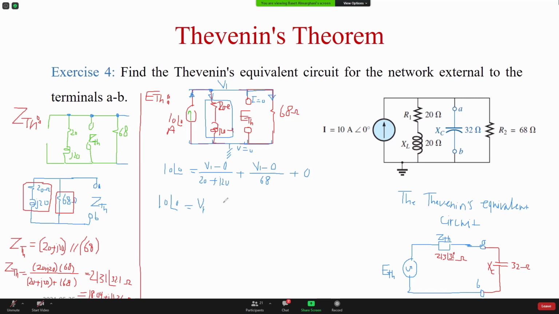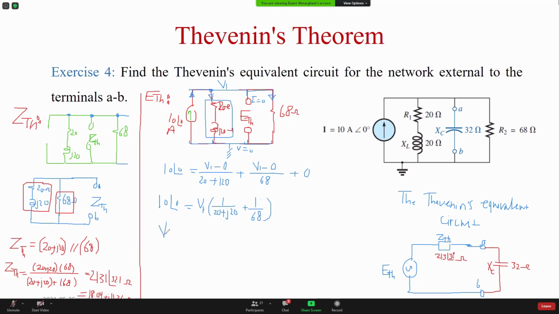So what you have is 1 over 20 plus j20 plus 1 over 68. So I took V1 as a common factor. The 0 is nothing, just remove it. So it's V1 over this, V1 over this. I took V1 common factor, so I have 1 and 1. If you multiply it in, V1 times 1 gives you V1, so it gives me that back.